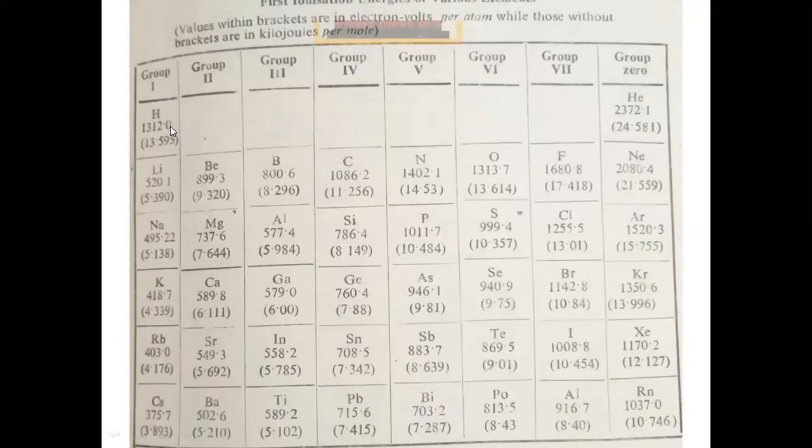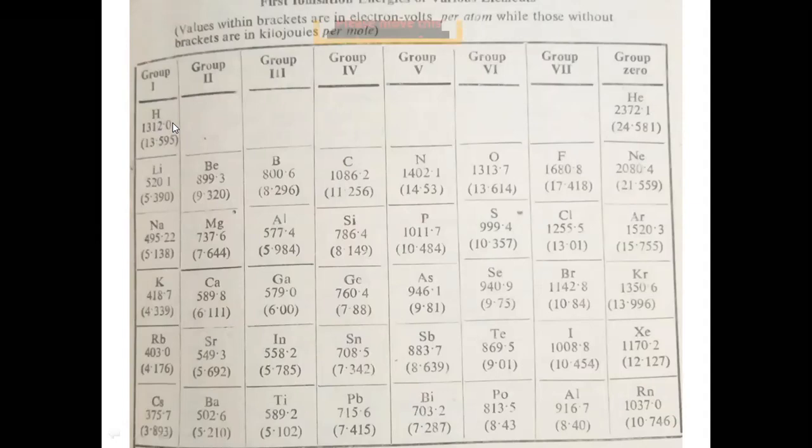The first value is kilojoule per mole, and the second value is electron volt per atom. Don't get confused. Let us take any one of them. Let us say the first value, which is kilojoule per mole.